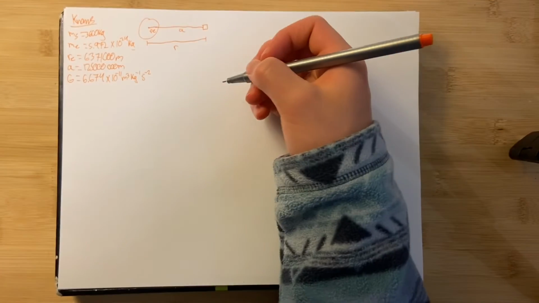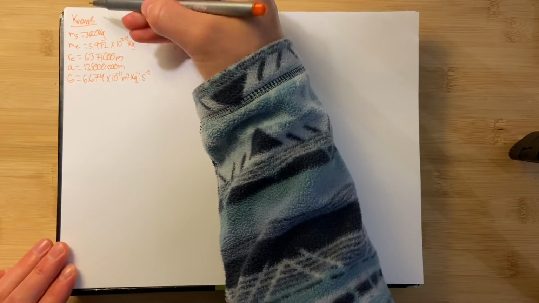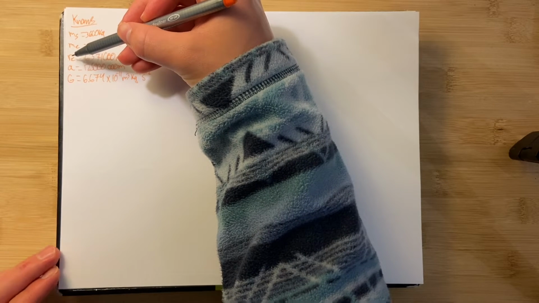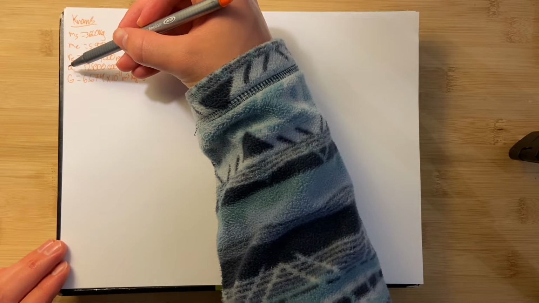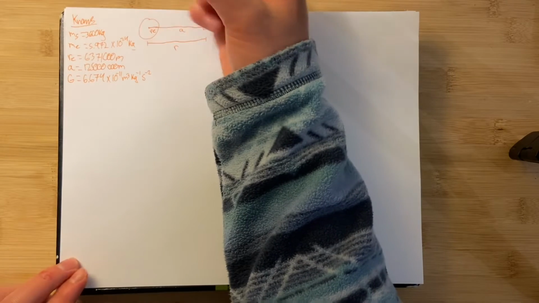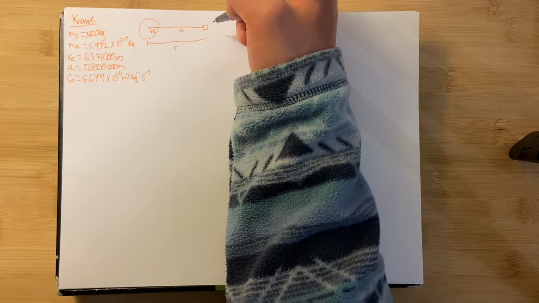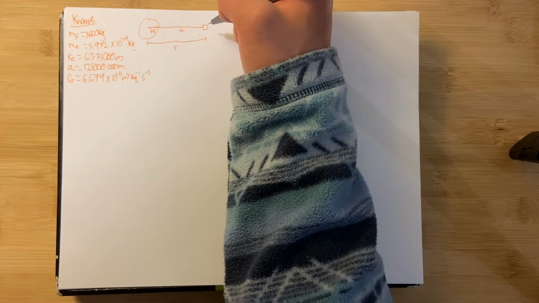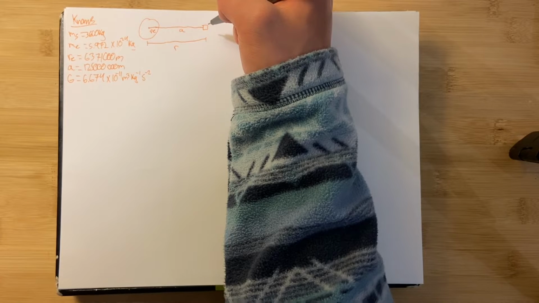Alright, so for any problem, we have written down our knowns. So we have the mass of the satellite, mass of the Earth, the radius of the Earth, the altitude that the satellite is above the Earth, and our gravitational constant. Now, first we have to find our value for our force of gravity equation and also our centripetal force equation.